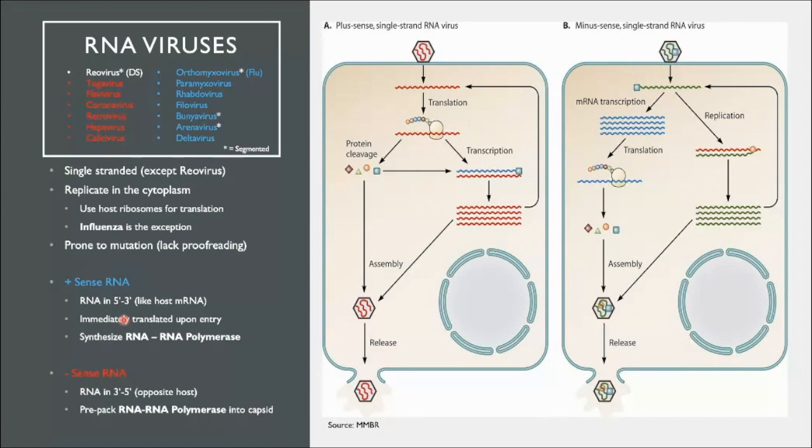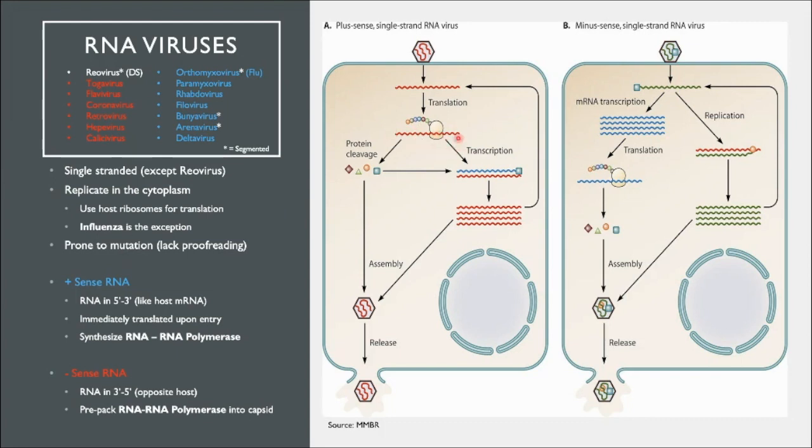And all this means is a positive sense RNA means in the pre-packaged virion, the RNA that comes within it is in the 5' to 3' form. So this means that once this RNA gets into your host cell, a normal host ribosome could pick up that mRNA and immediately translate it into a protein. It's functionally equivalent to mRNA.